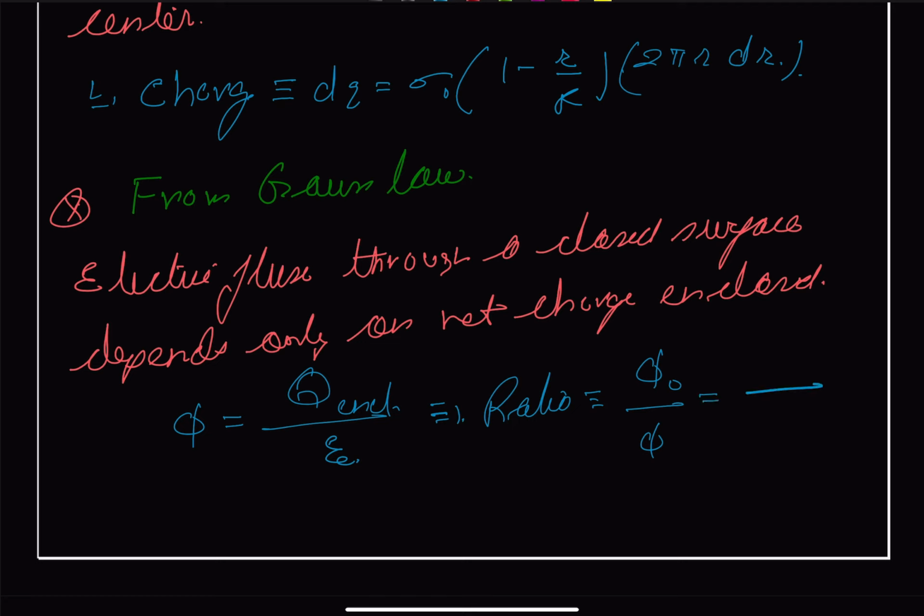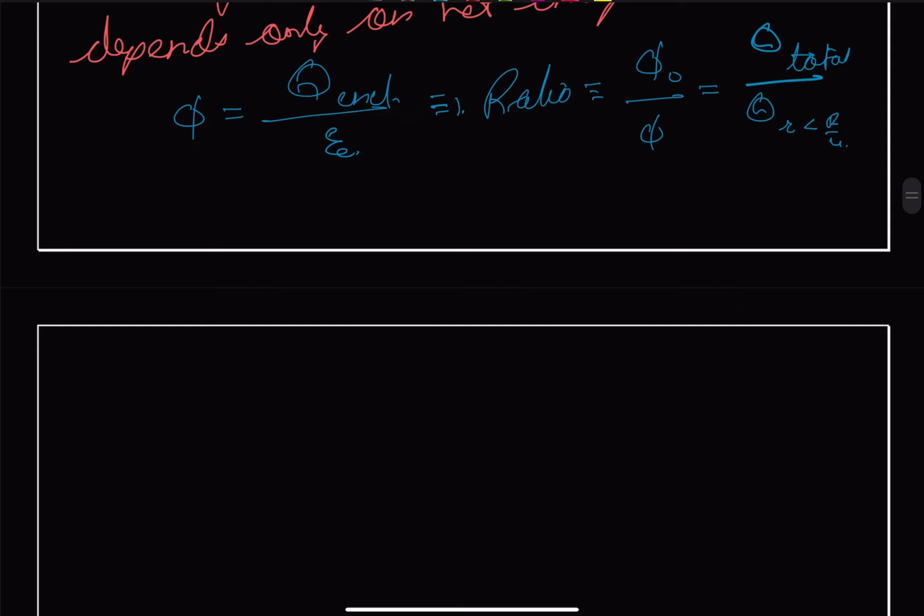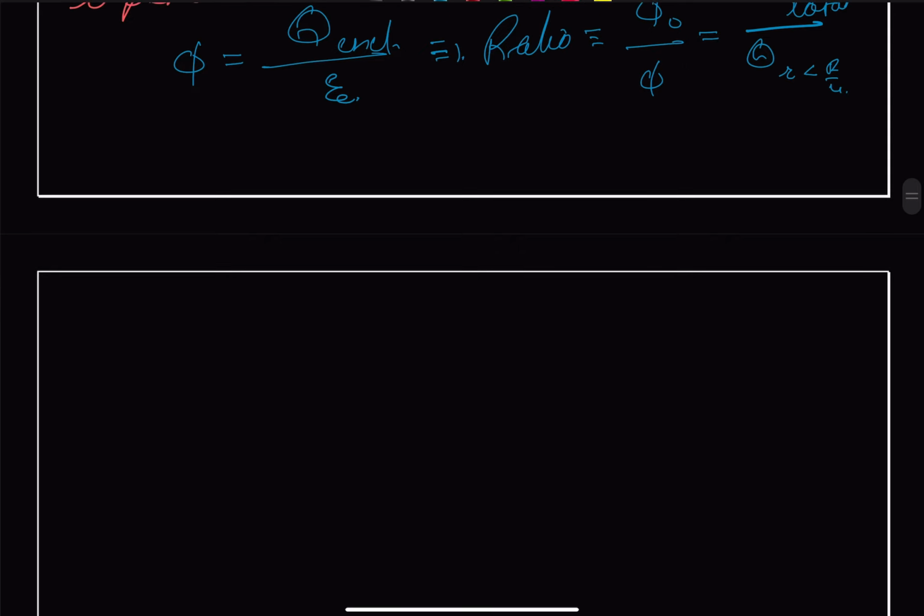So we are going to get, because this phi naught is for the entire disk, charge total in the denominator, and in the numerator will be our charge for the value of r smaller than R by 4. So let's find out the total charge on the disk, because we are given the charge density.